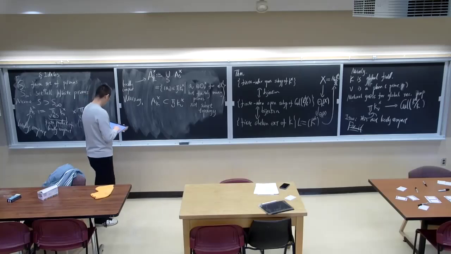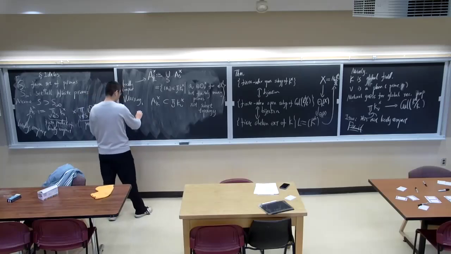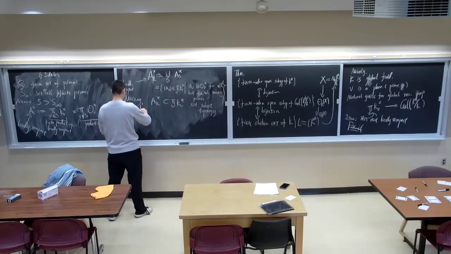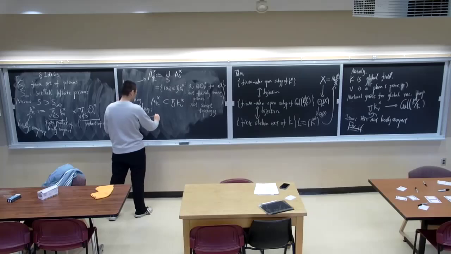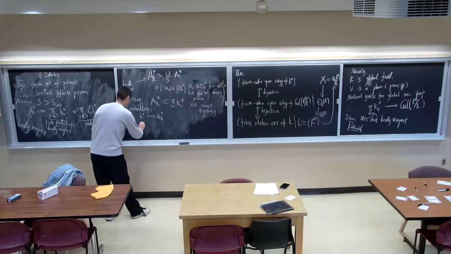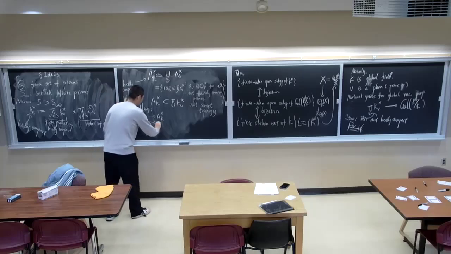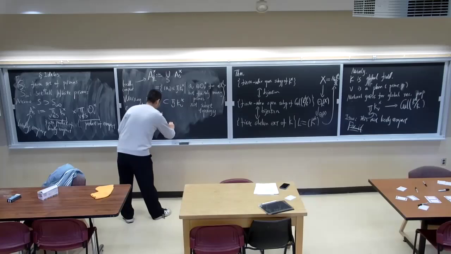Okay, so now we can have some embedding. So we can embed our K cross inside the idele group just by mapping a diagonally to a.